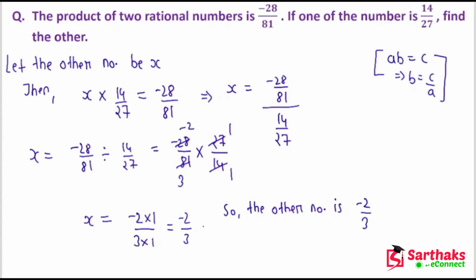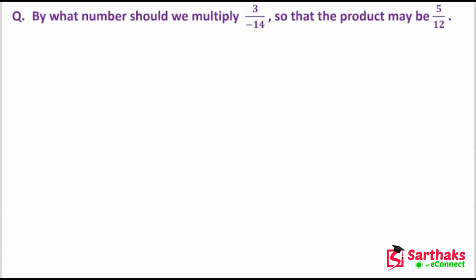Let us take another example on a similar pattern. This time the question says, by what number should we multiply this so that the product may be this? Again, it is the same question but the language is a bit different. Let the number be x.